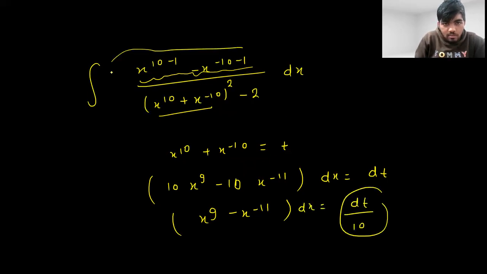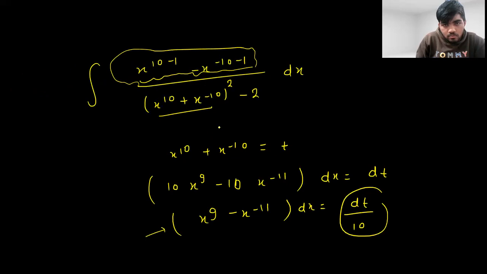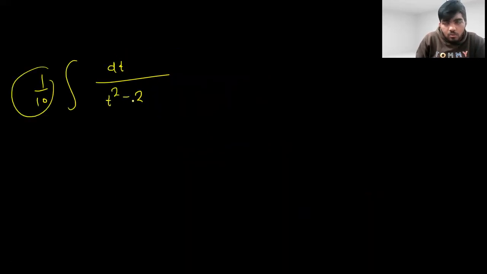Now we can write dt, and 1 by 10 will come outside, over t squared minus 2.